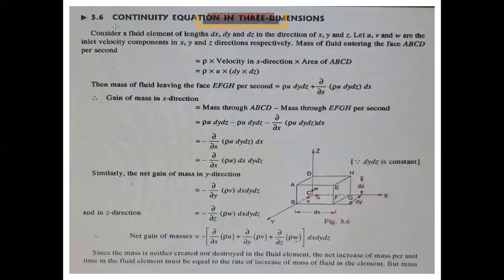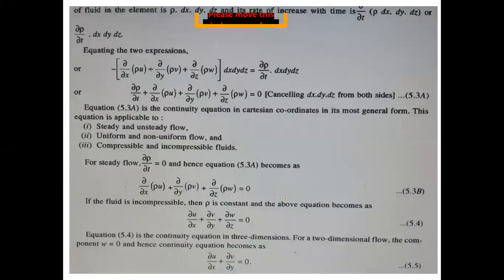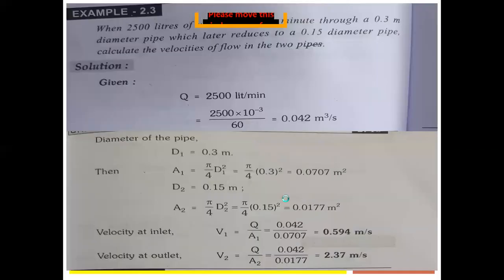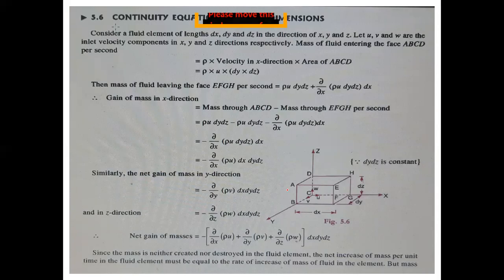Next, the continuity equation in three-dimensional analysis was derived by taking the x-axis, y-axis, and z-axis, using the velocities u, v, w. Here we have a cuboid, and we calculate from the x direction, then the y direction, then the z direction.